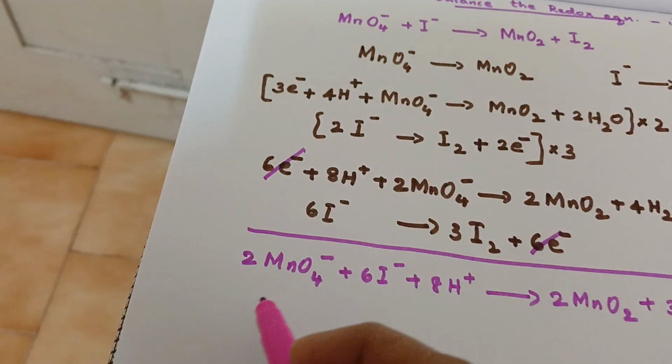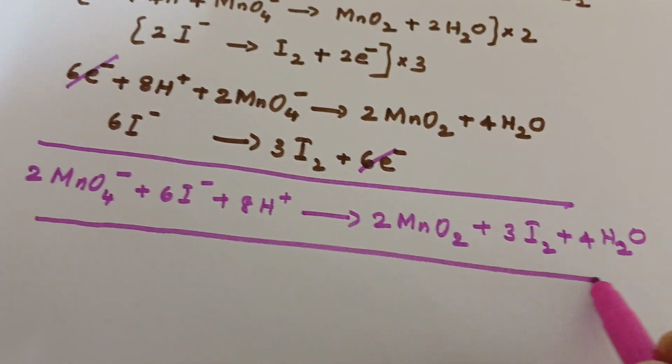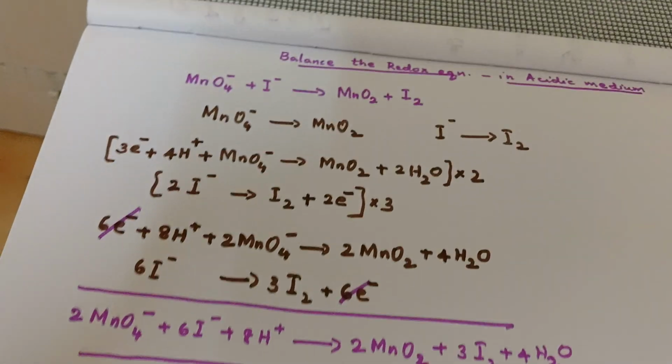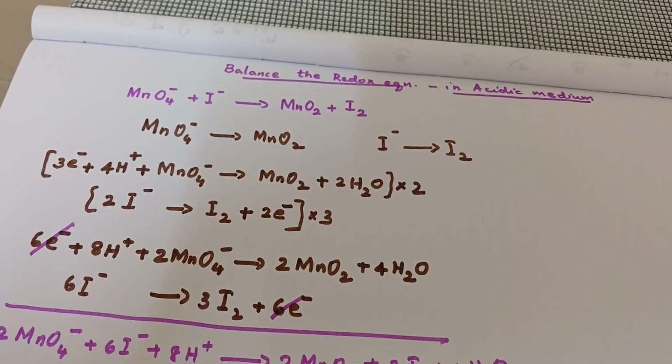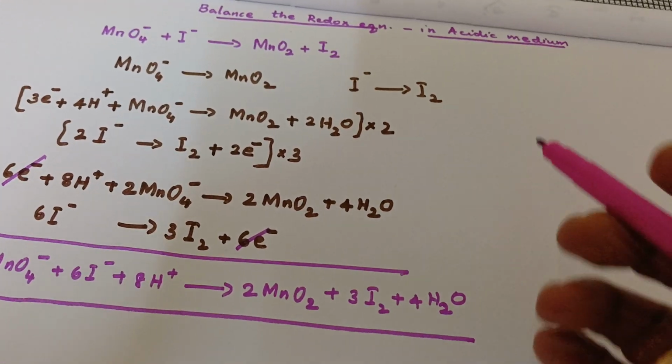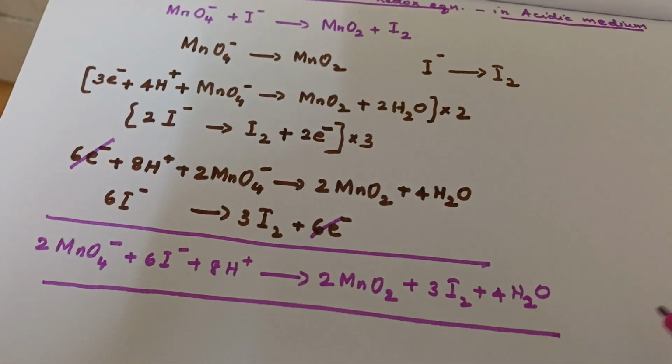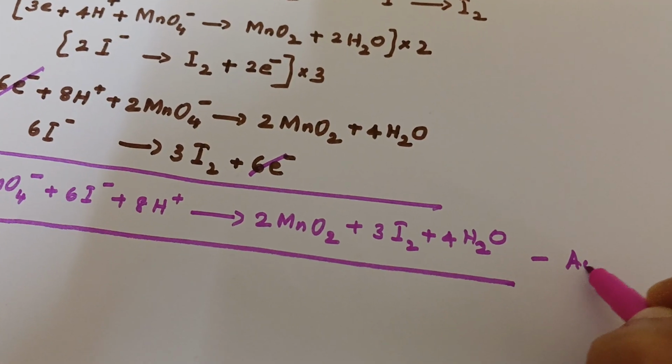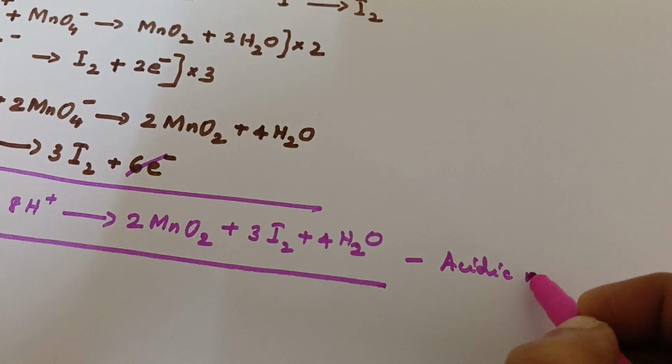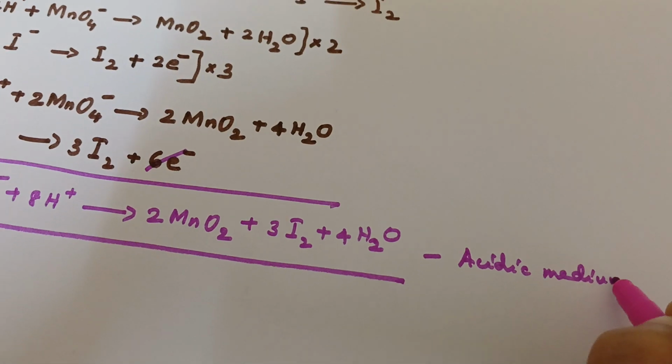So this is our balanced equation for the redox equation MnO4⁻ + I⁻ giving MnO2 + I2, and this is for the acidic medium or acid medium.